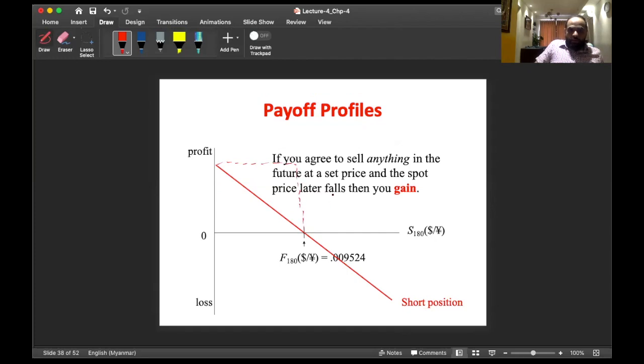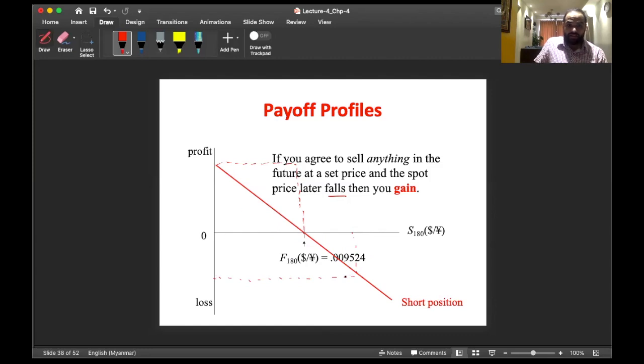If the spot price rises, which means you are selling but the spot price is higher than the forward price, then you're going to have a loss. So let's say maybe here, then you're going to have a loss.